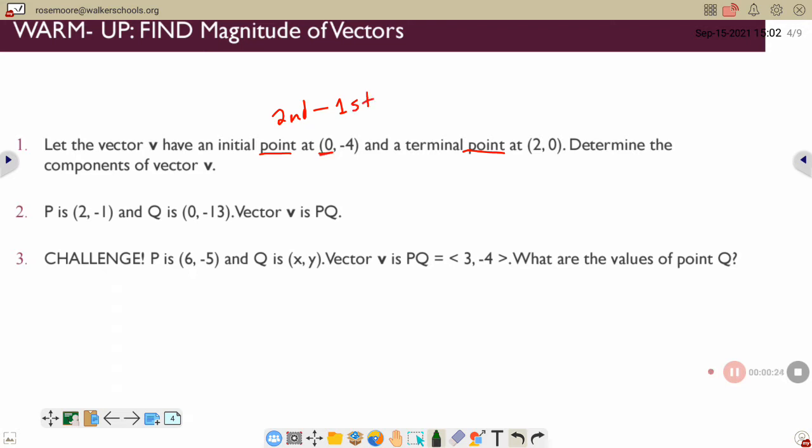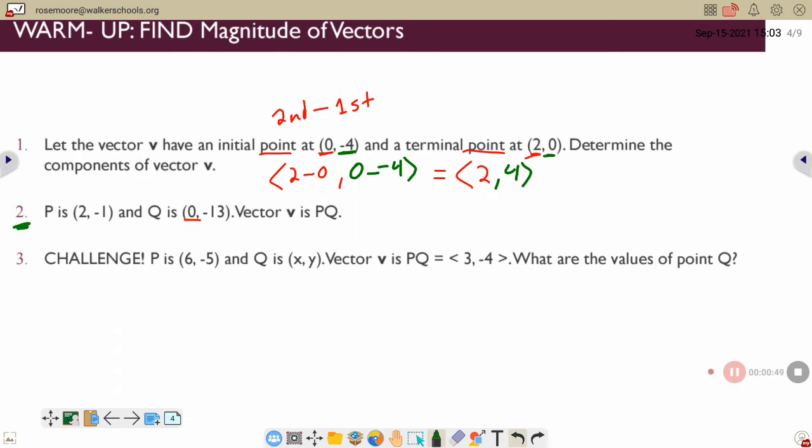So using our x's first, it's going to be 2 minus 0, which will be 2. And then my y's, 0 minus negative 4. Now that minus minus becomes plus, so my vector for this one is 2, 4. Number 2 is the same thing.